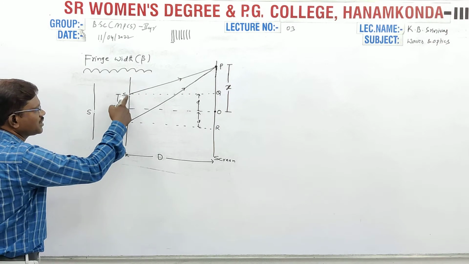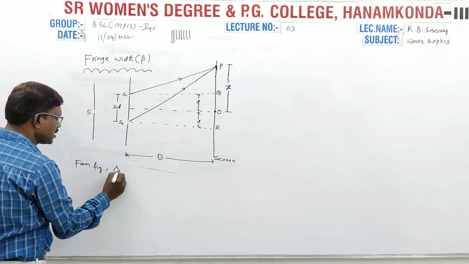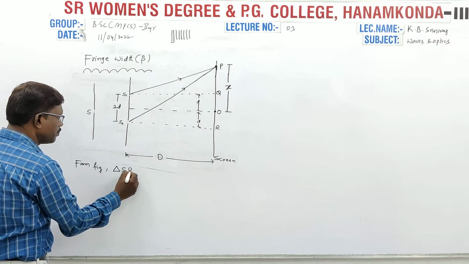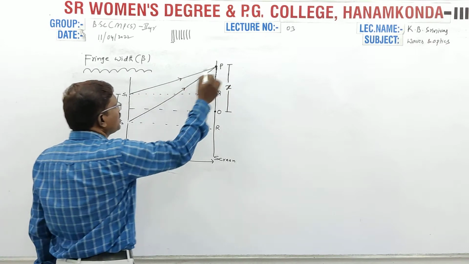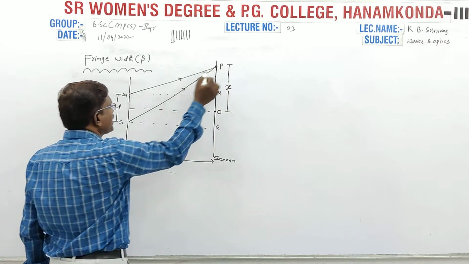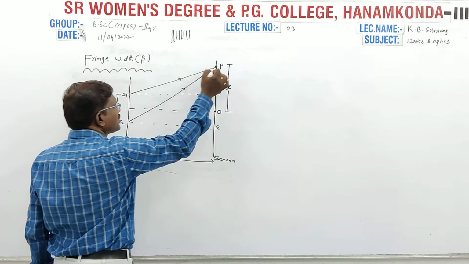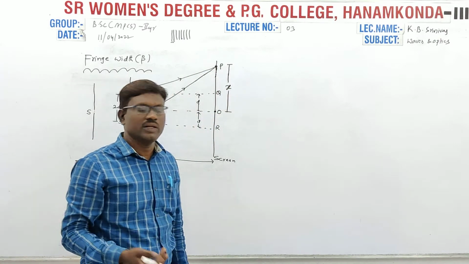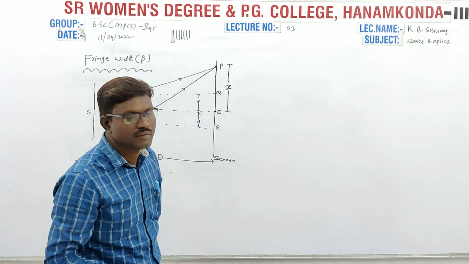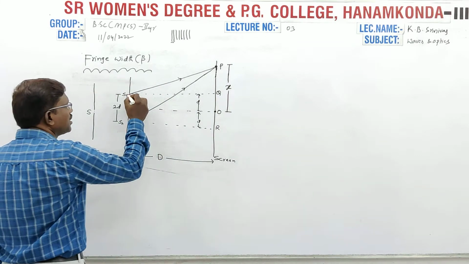Just consider a triangle, that is triangle S1PQ. See the diagram carefully. It is a right angled triangle. So when we have a right angled triangle, we can apply the Pythagoras theorem. What is the Pythagoras theorem?